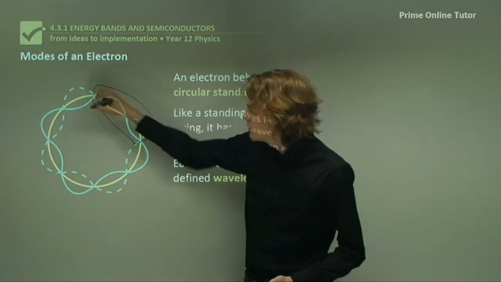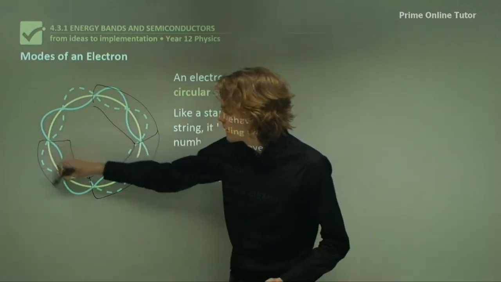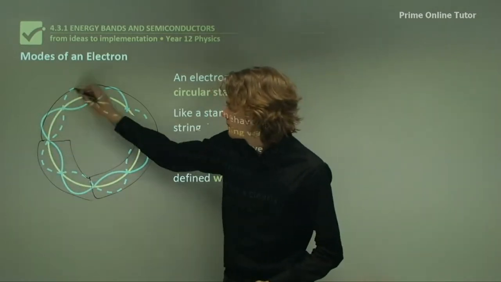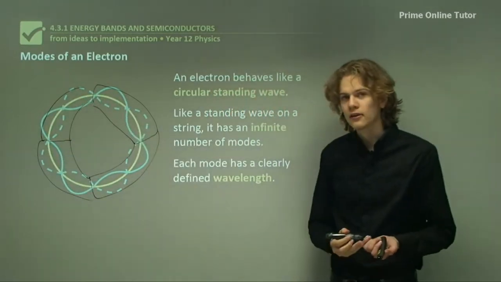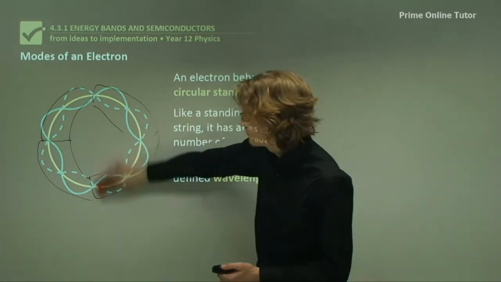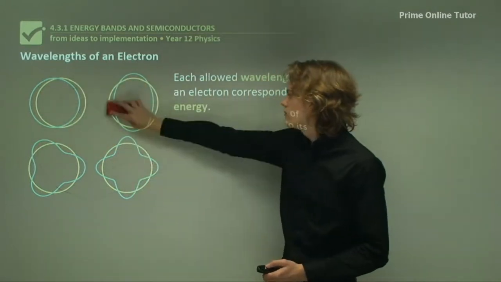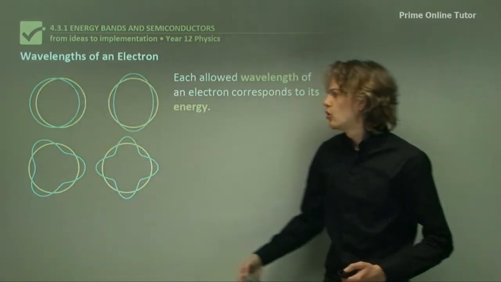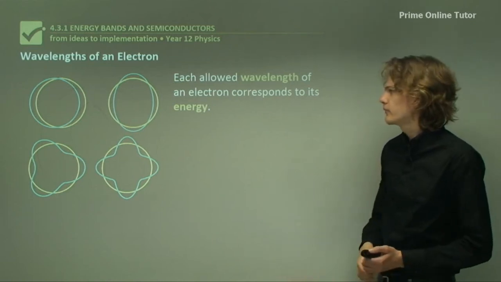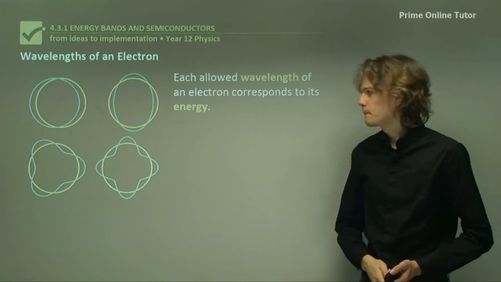So there's 1 wavelength, 2 wavelengths, 3 wavelengths, and 4 wavelengths. Now, each allowed wavelength corresponds to the energy of an electron. So we can see here a number of examples of circular standing waves.